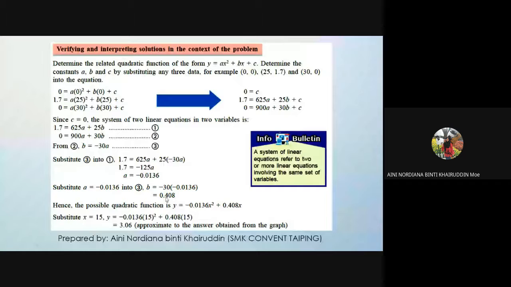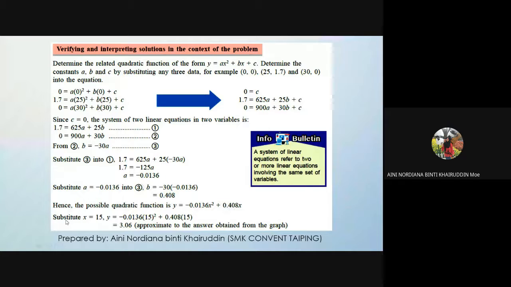So hence the possible quadratic function y equals to negative 0.0136x square plus 0.408x. Okay, ini adalah quadratic function yang kita dapat selepas substitute values.